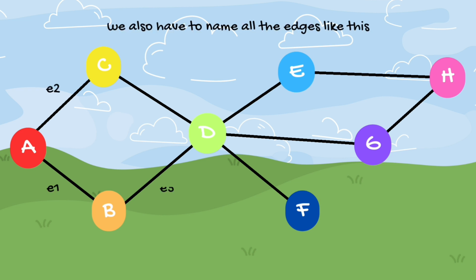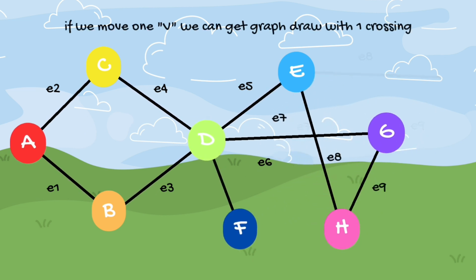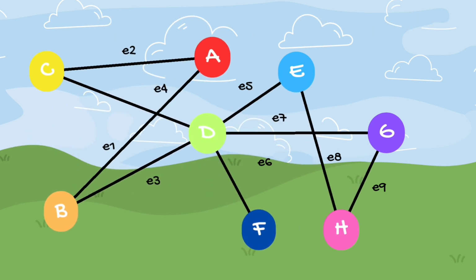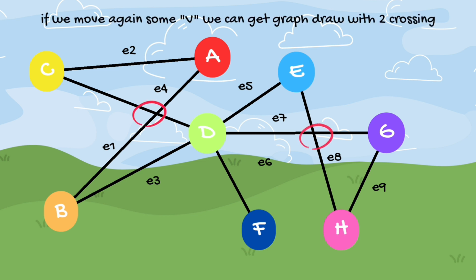We also have to name all the edges like this, with E1, E2, E3, E4, E5, E6, E7, E8, and E9. If we move one V, we can get a graph drawing with one crossing. And if we move some V again, we can get a graph drawing with 2 crossings.